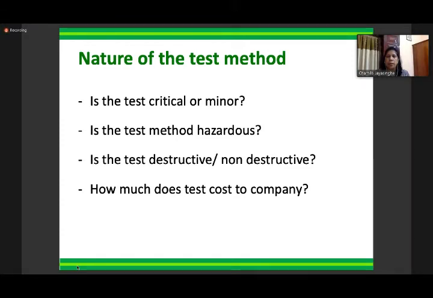Then what is the destructive one? Destructive testing methods are carried out to a specimen's failure in order to understand a specimen's performance or material behavior under different loads, right?